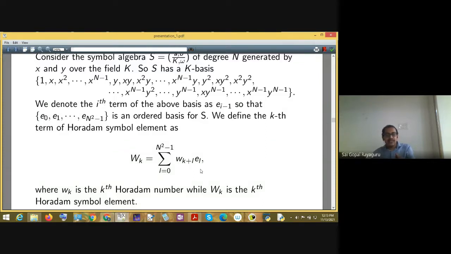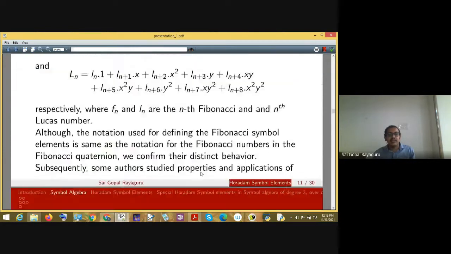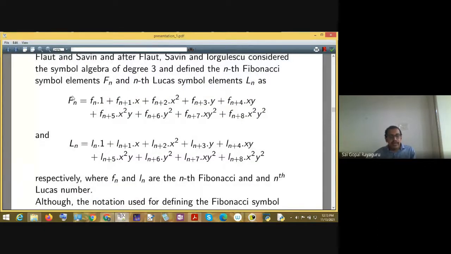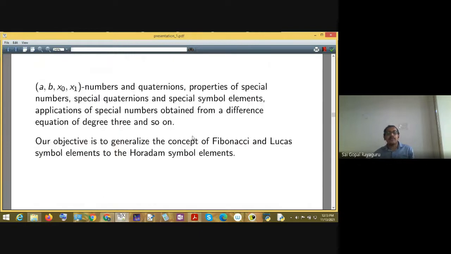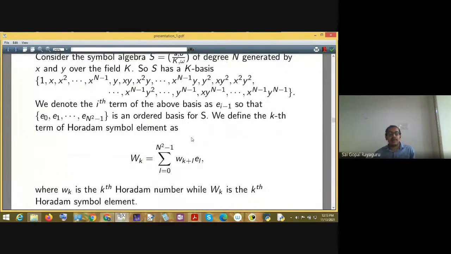Let me scroll up. As here in the Fibonacci symbol element, we simply write f_(n plus 1), f_(n plus 2), and so on, up to f_(n plus 8), and multiply the basis elements correspondingly. The similar thing is here, but it is in dimension n. So this capital W_k denotes our kth Horadam symbol element.